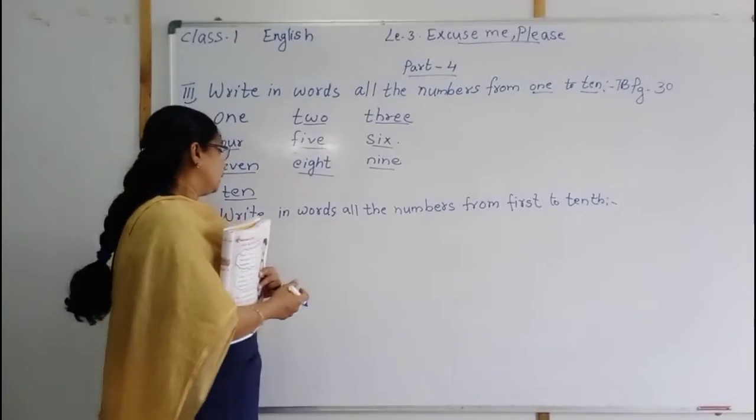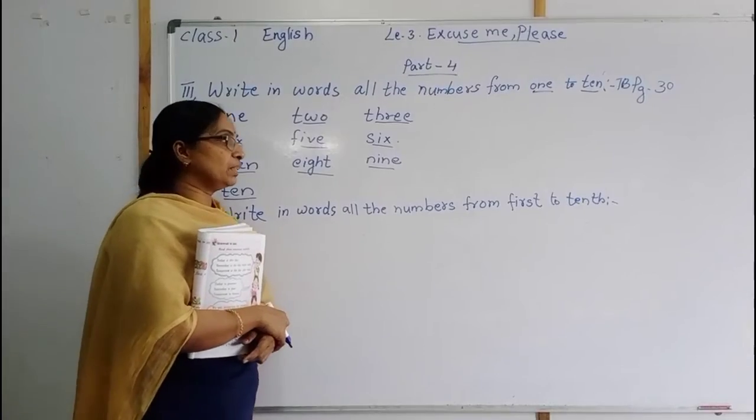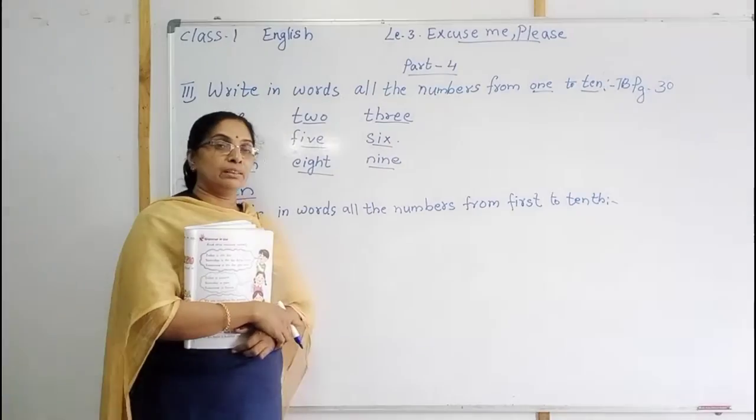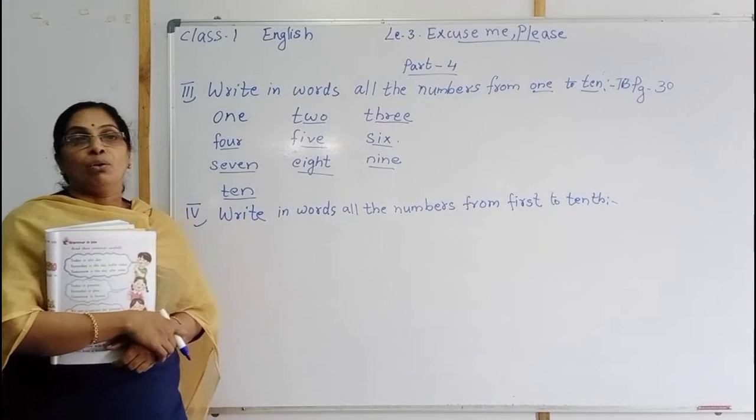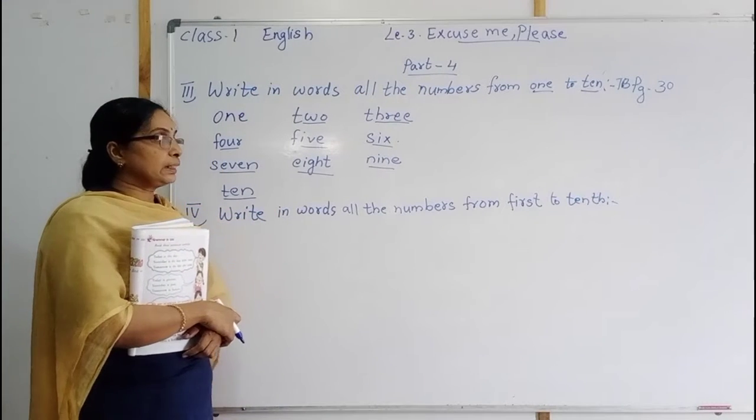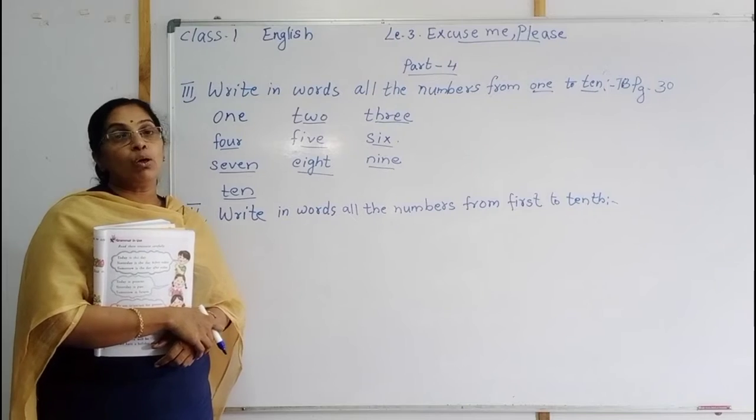Children, listen. Write in words all the numbers from 1st to 10th. What is 1st to 10th, children? Which type of number? That is ordinal numbers. 1st, 2nd, 3rd up to 10th we are saying ordinal numbers.